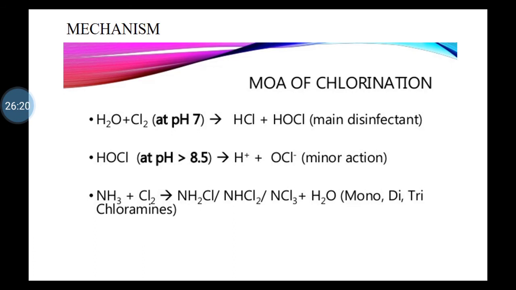So the germicidal action of chlorine is taking place at pH 7. When this hypochlorous acid and hypochlorite are formed, then and only then the bacteria and germs are destroyed. And whatever the oxidizing activity or the step that is resulted, it is only when there is formation of hypochlorous acid and hypochlorite.